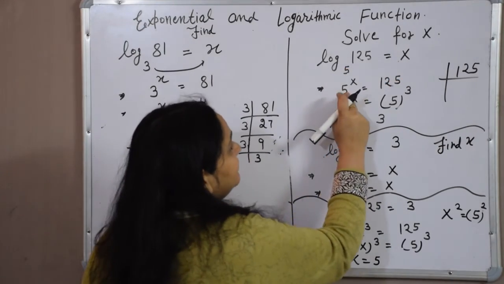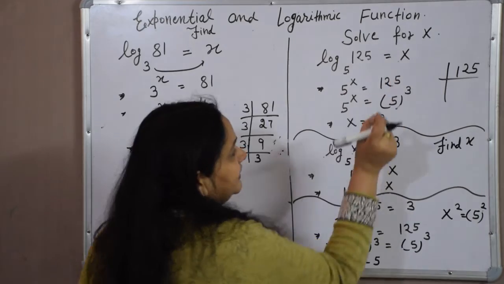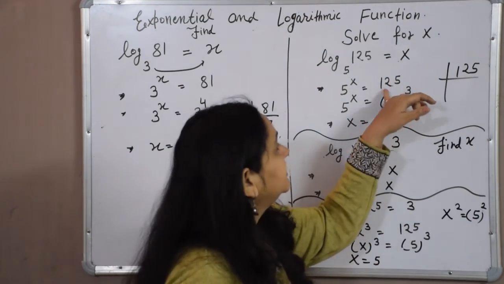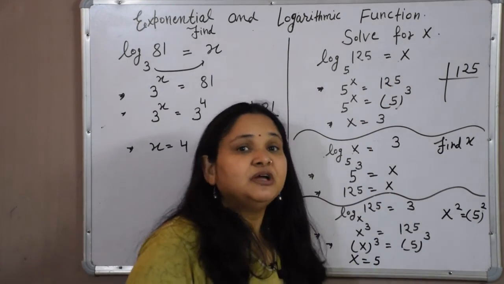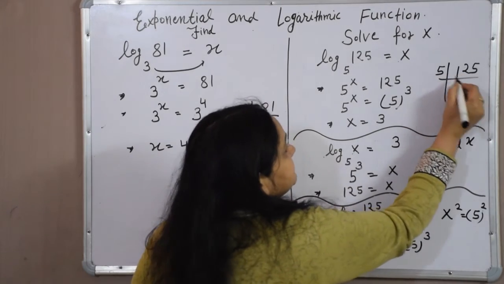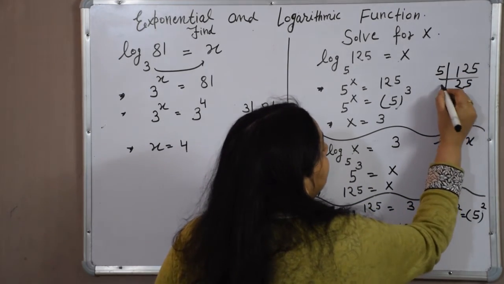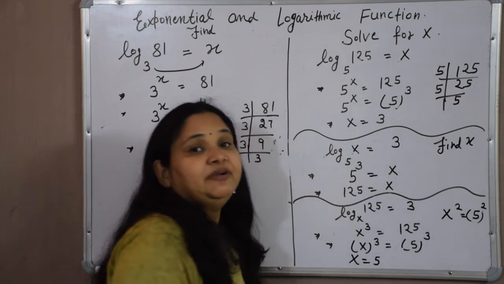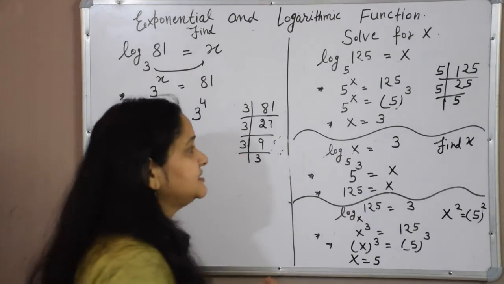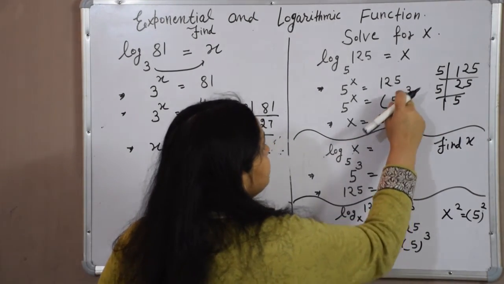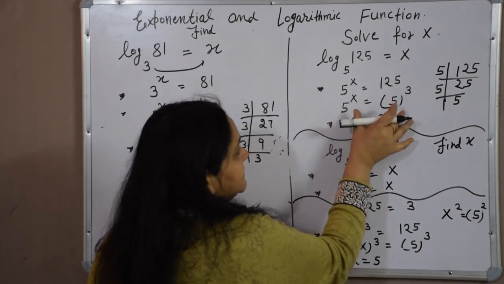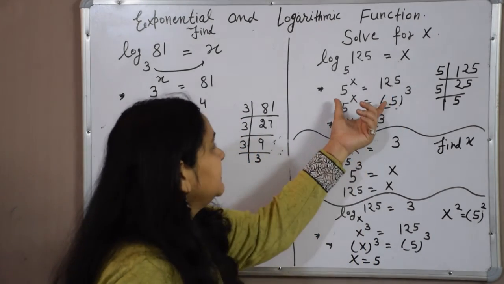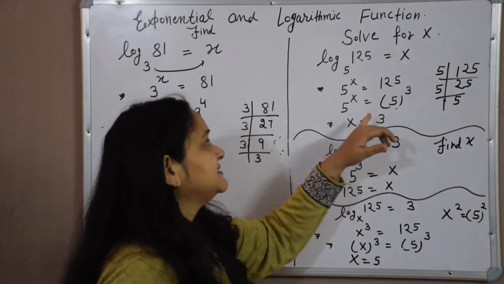So we can write 5 raised to power x is equal to 125. Now we have to convert this 125 in terms of 5. So we will factorize it, and we got 5 into 5 into 5, that is 5 is multiplied with itself 3 times, so we can write it 5 raised to power 3, 5 raised to power x. Here both bases are the same, 5, and they are equal. This implies x is equal to 3.